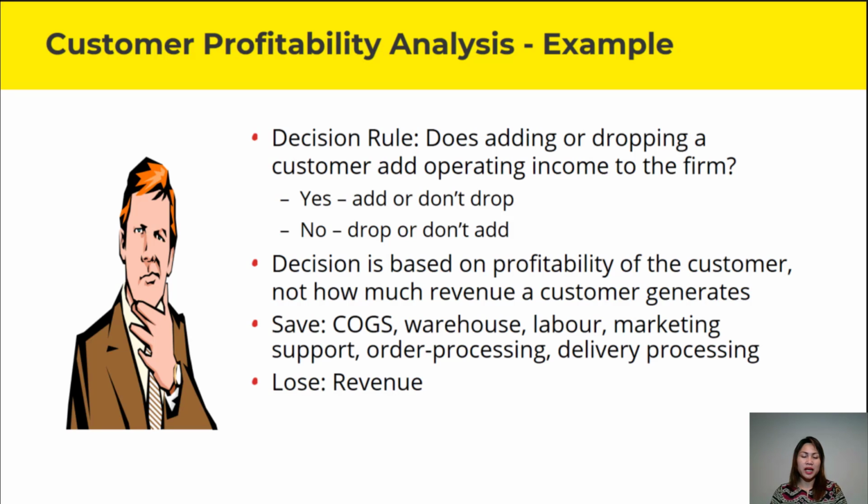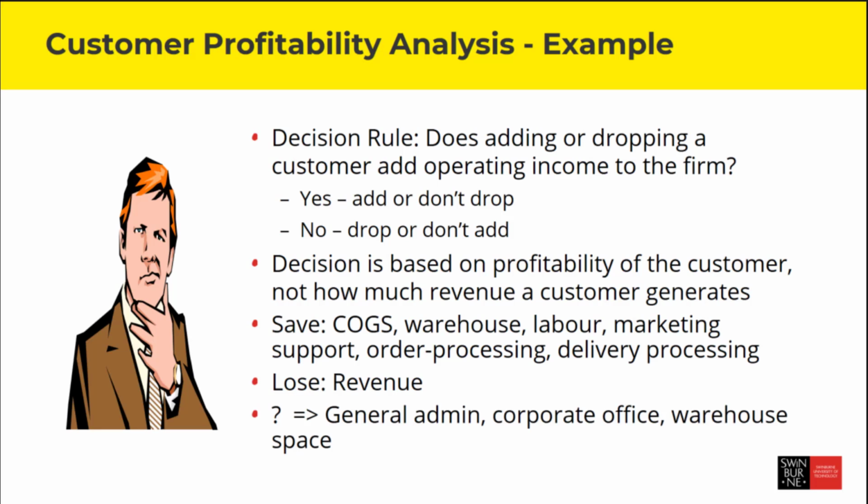If you want to drop a customer group, the costs that you can save include cost of goods sold, associated warehouse costs, labor, marketing support, order processing, and delivery processing. But you will lose revenue from this customer group. But what about general admin, corporate office, warehouse space? Are they avoidable? Will they not be incurred if you drop a customer segment?